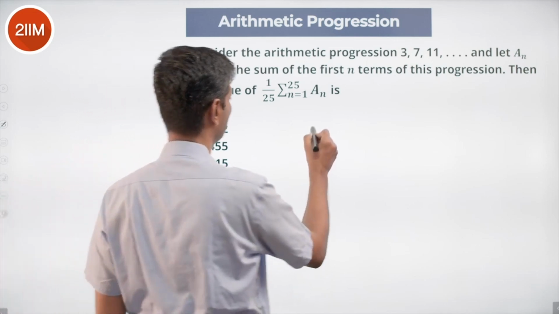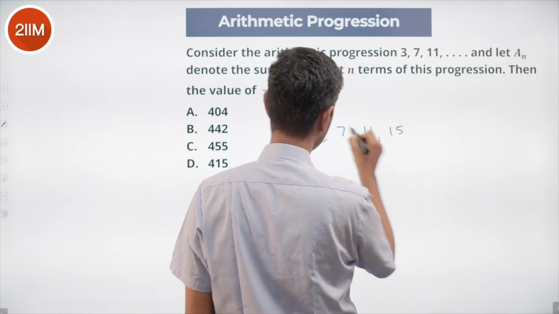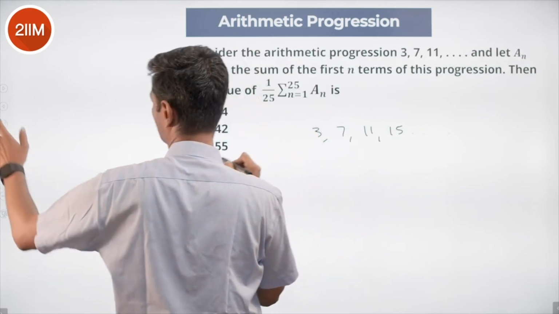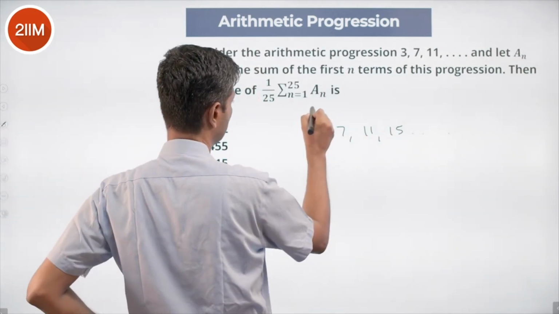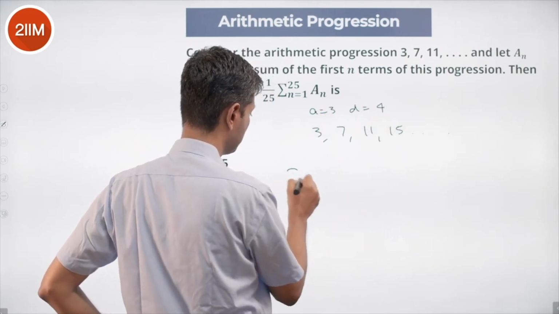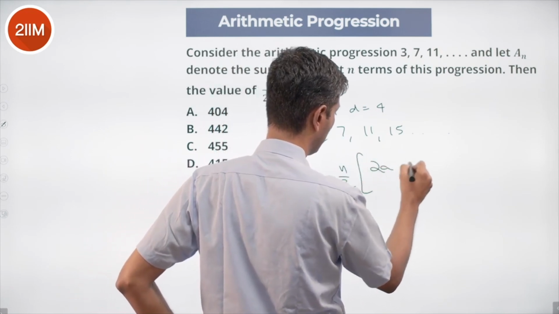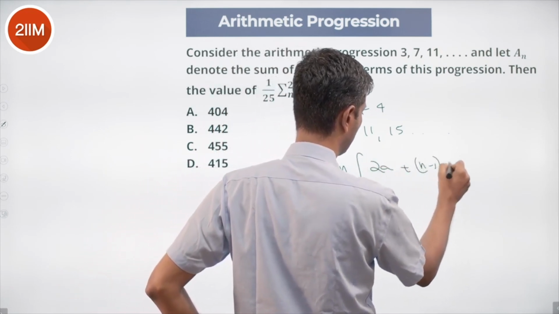So the progression is 3, 7, 11, 15. First term is 3, common difference is 4. Sum up to n terms is n by 2 times 2a plus n minus 1 into d.